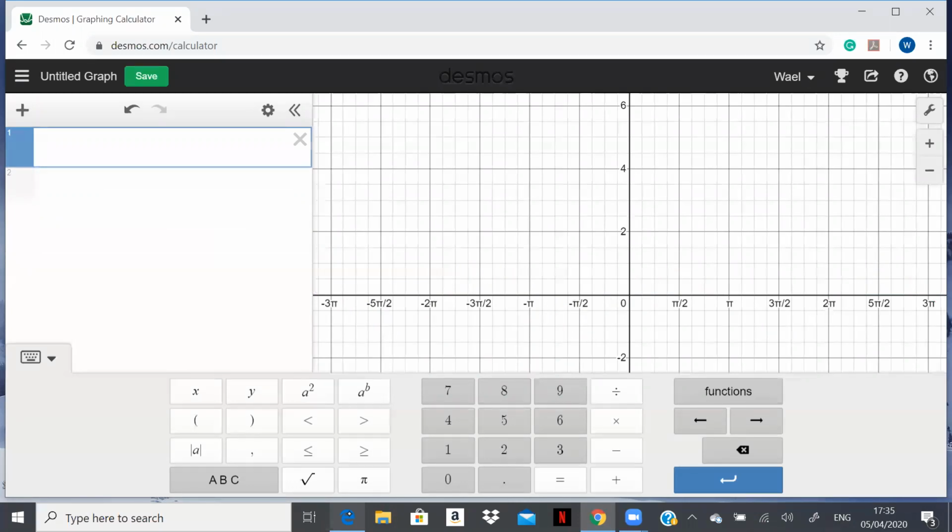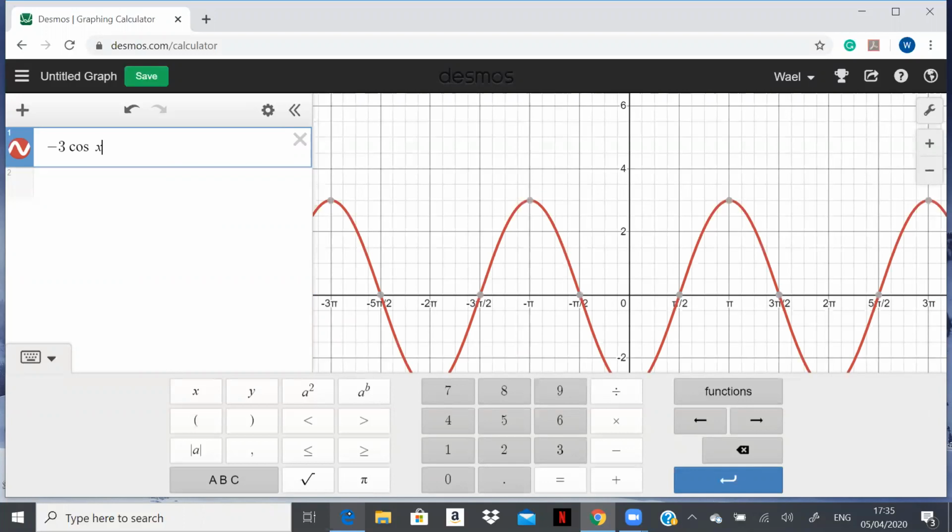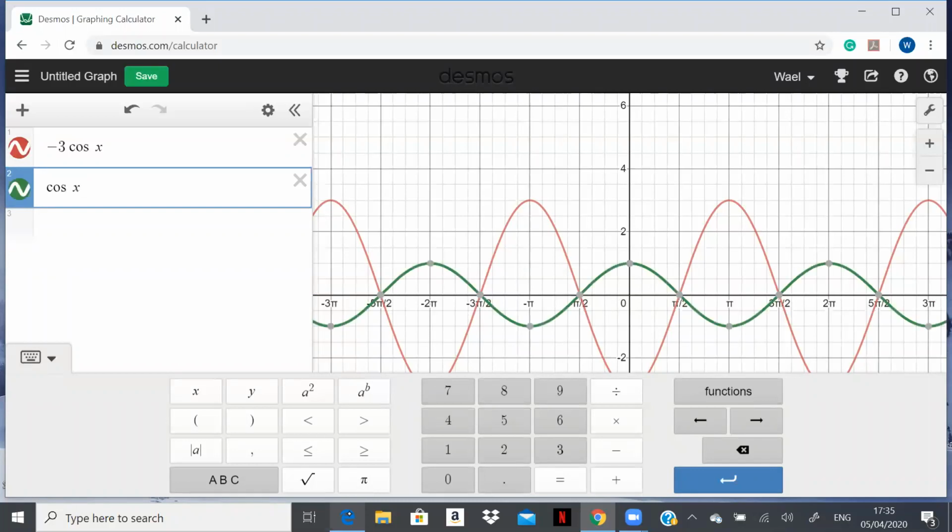Another matter: we learned before, when we are using the graphing calculator and the negation comes in the beginning of the equation, in this program you are going to make a normal minus, okay? And then write the 3 cosine x. Here you go. For the other one, you are going to make it cosine x, take a space, and press X on your keyboard. Here you go, that's it. No more, no less, okay?